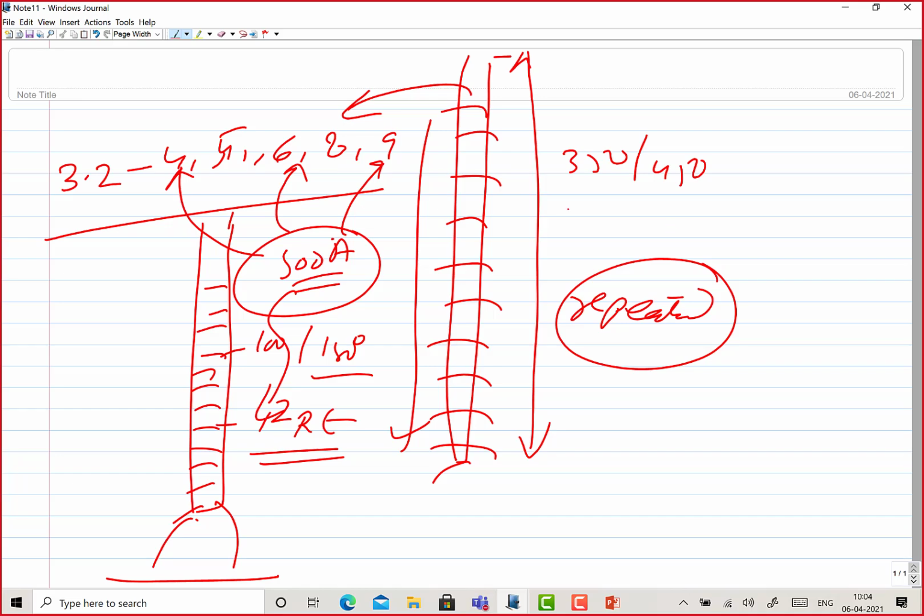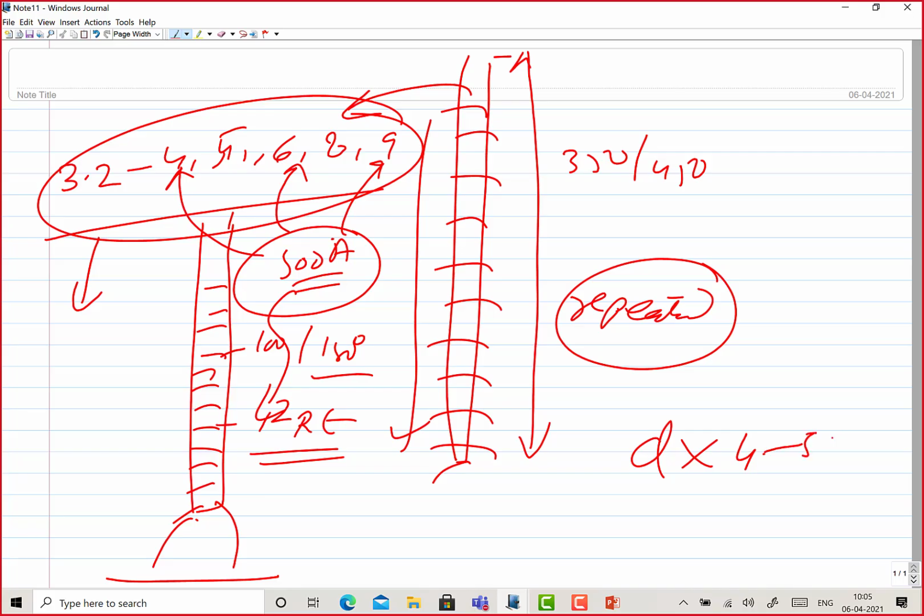Basically, the diameter, this is the core wire diameter. The core wire diameter and the welding current which they can normally handle is about 40 to 50 times the diameter.